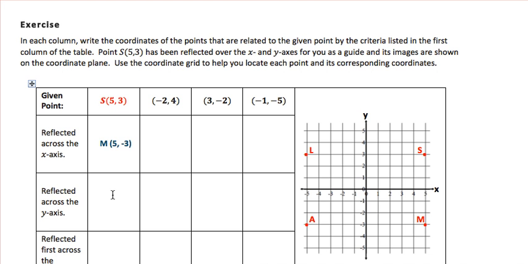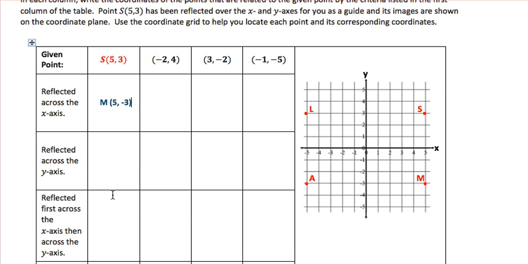Reflected across the y-axis would be point L, whose coordinates are negative 5, 3. Reflected first across the x and then across the y-axis would be point A, whose coordinates are negative 5, negative 3.